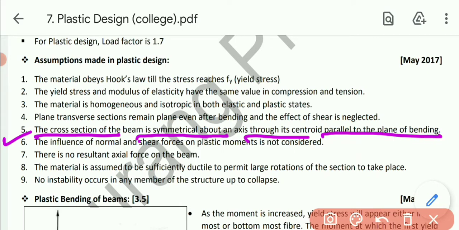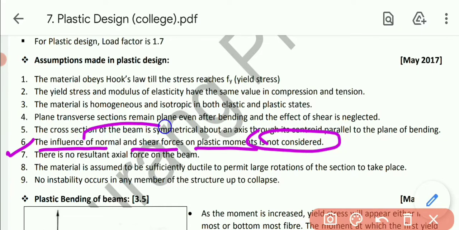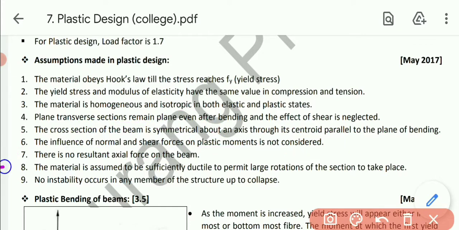So the cross section will be symmetrical. Next, the influence of the normal and shear forces on the plastic moment is not considered. Then there is no resultant axial force on the beam.